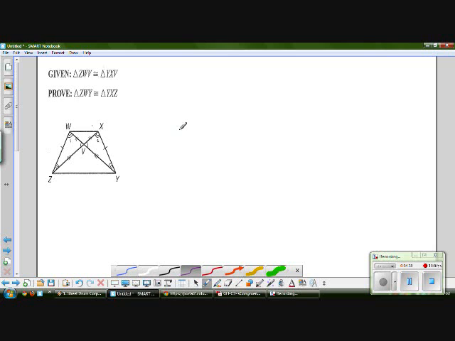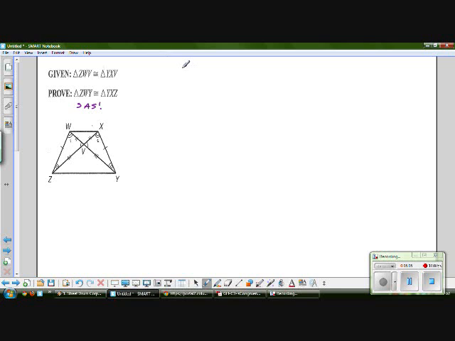So let's make sure we have a plan set. We're going to establish our congruent triangles. We're going to use that information to get a whole lot more information about the diagram, and we're ultimately going to prove these two triangles are congruent by side angle side. Okay, so let's do it. Our first step is to get information into our diagram, into our proof.